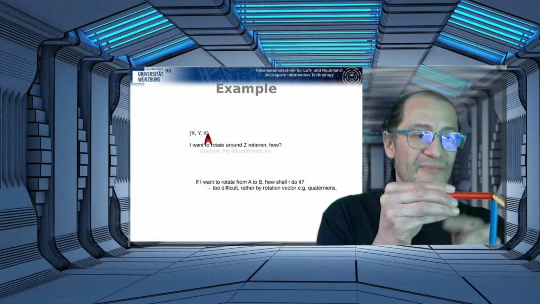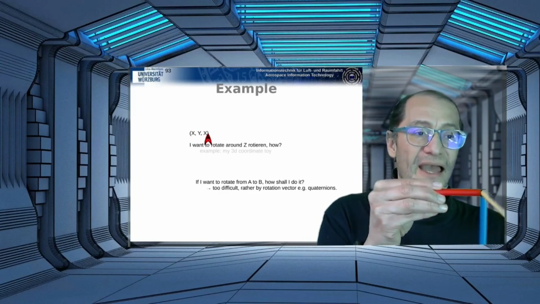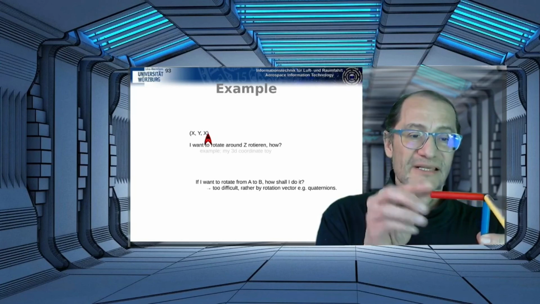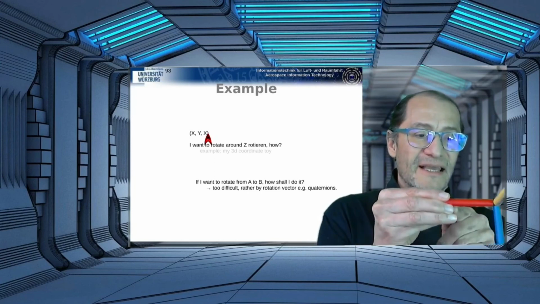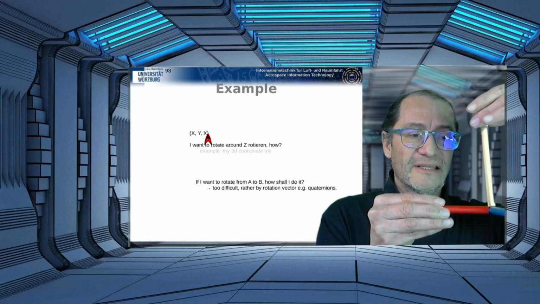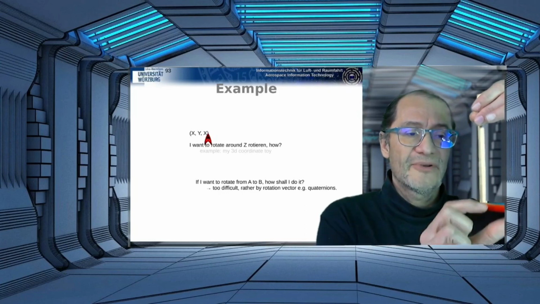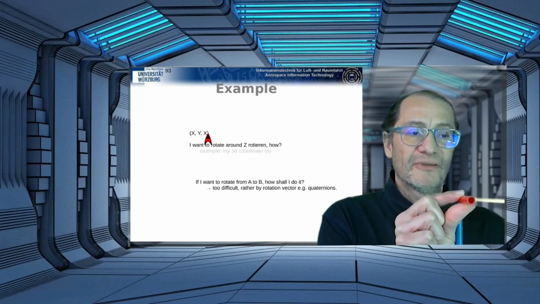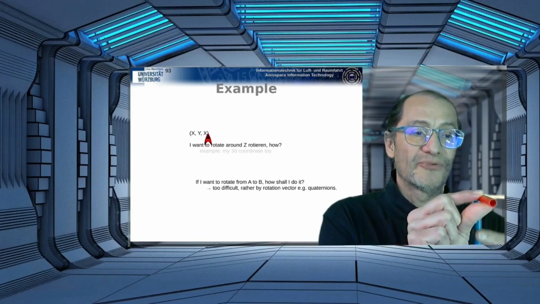This is X. I am rotating in X. Remember, I want to go from here to here. Then I'm rotating in Y, and I am rotating in X again. Did you see? I got from here to here without touching this.